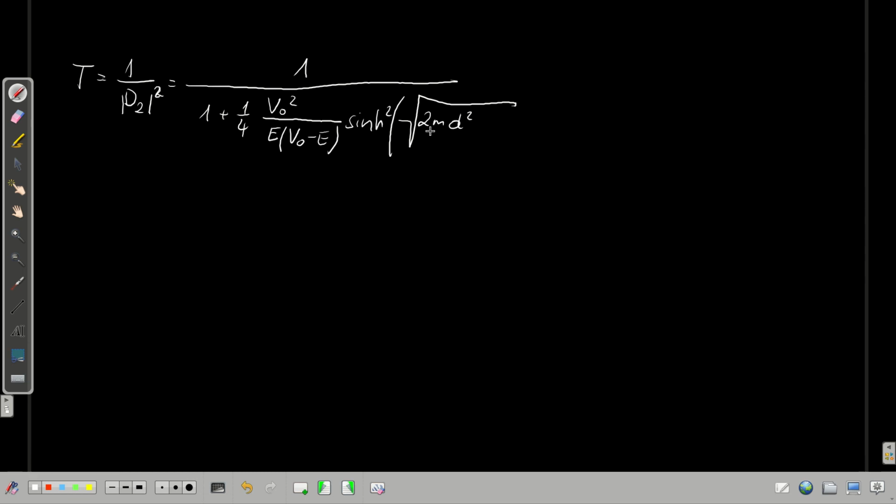T again is the width of the potential energy barrier.